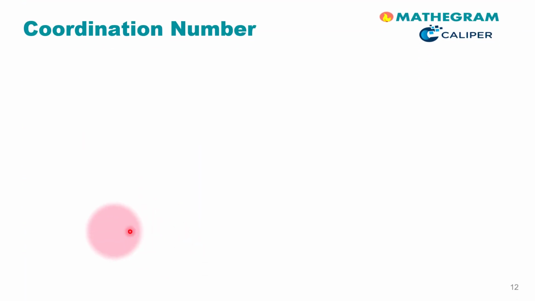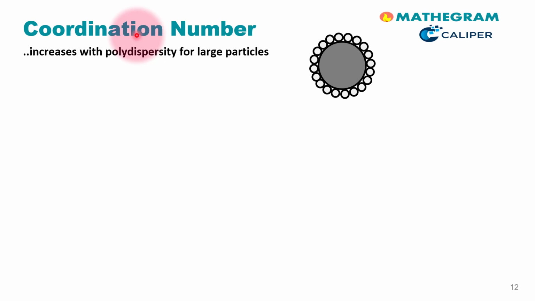When doing DEM simulations, we also have to consider that we need to calculate contact forces for each contact. This is why we now move to the topic of the coordination number that we have already touched in a previous unit. As you can imagine, this number increases with increasing degree of polydispersity for the large particles.